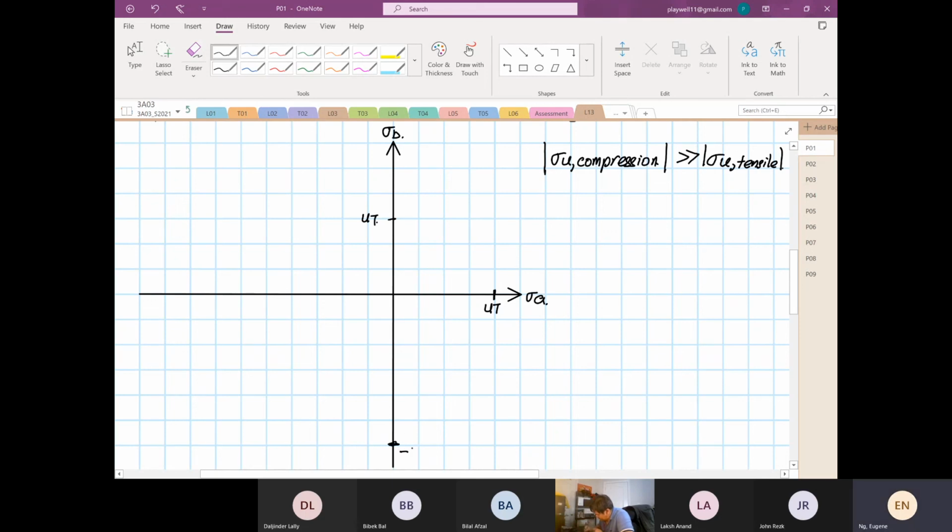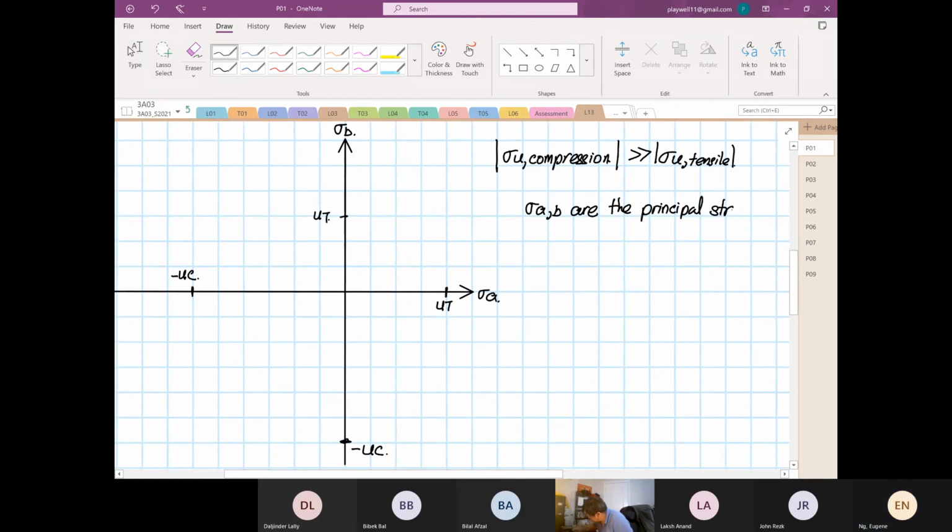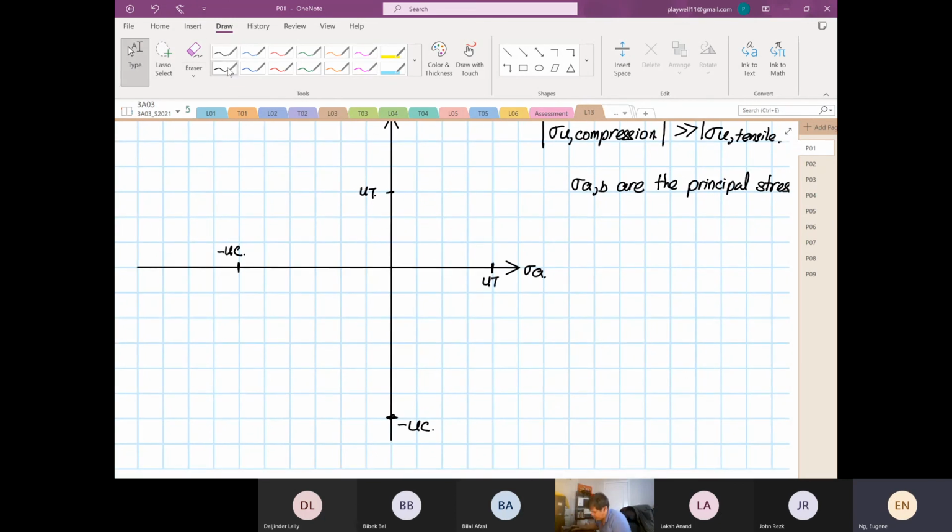Okay, so ultimate compression, and over here is your minus ultimate compression. So just quickly to remind you that stress A and stress B are the principal stresses. So from here we can draw the operating boundary.